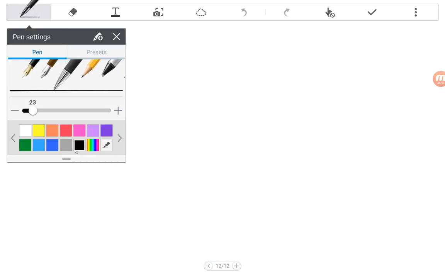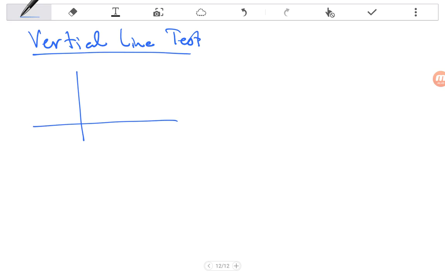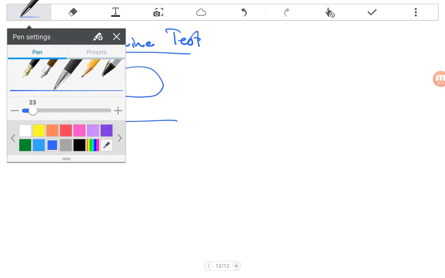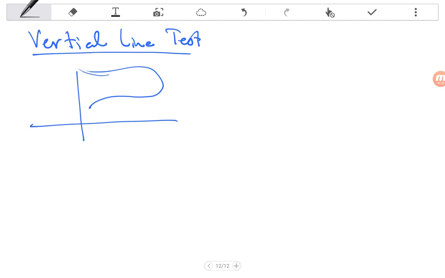That condition is represented graphically by the vertical line test. What is the vertical line test? We say a function is represented as a curve by putting the inputs with the outputs in a point, and we collect all these points of the inputs and outputs like this.